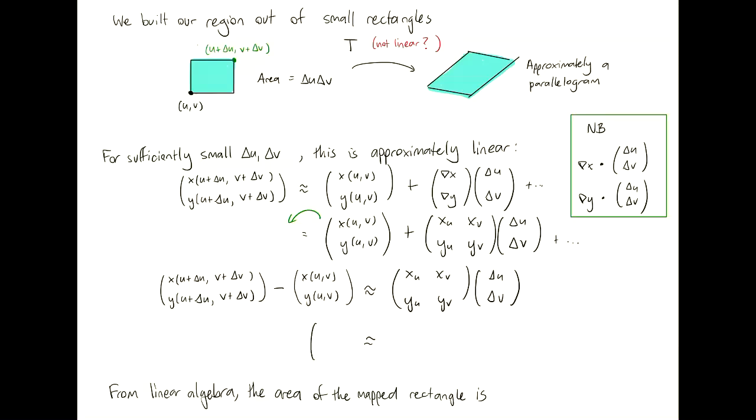The difference between those things, if I expand these out as a two-dimensional Taylor polynomial, is simply (delta x, delta y) equals the matrix x_u, x_v, y_u, y_v, times (delta u, delta v). And you can see that as long as delta x and delta y are small, my transformation is approximately linear. This is my T.